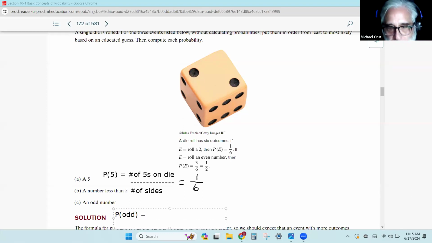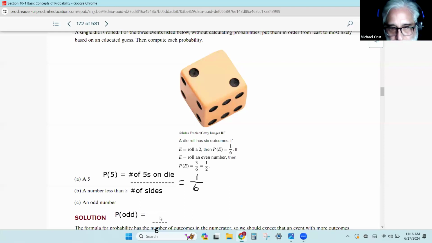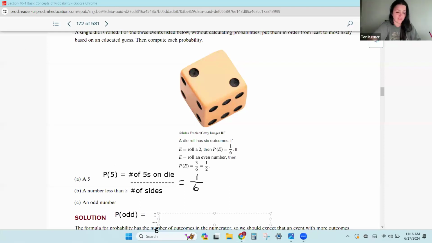Okay, so there are 6 numbers on that side of the die still. And how many of those are odd? Three? 1, 5, and 3.